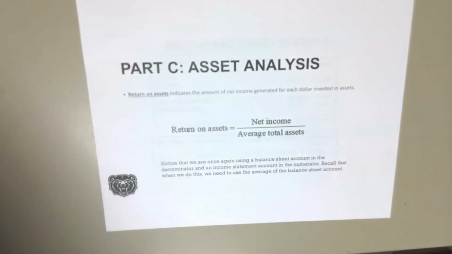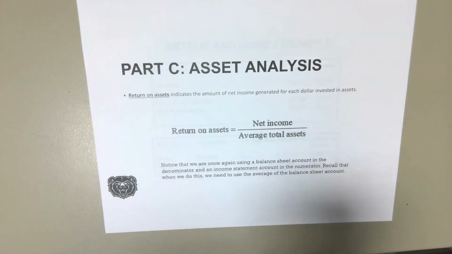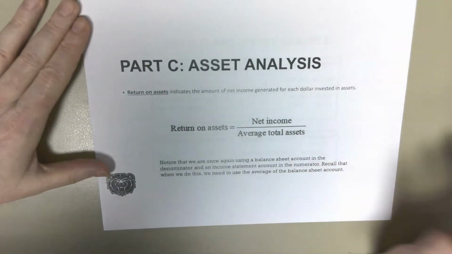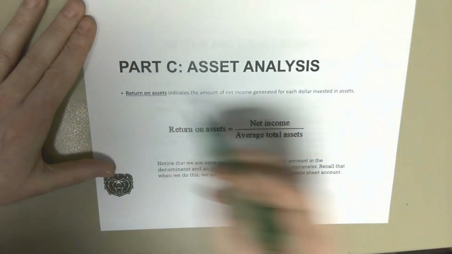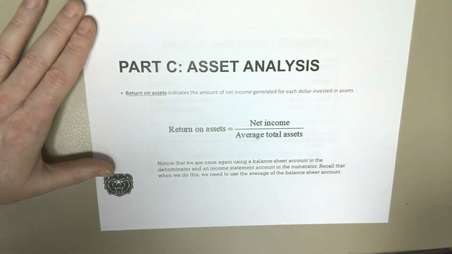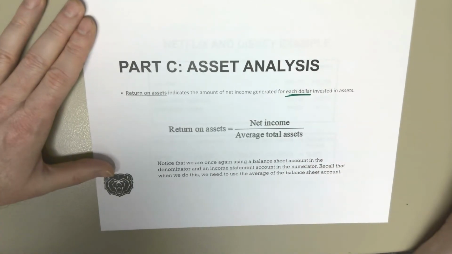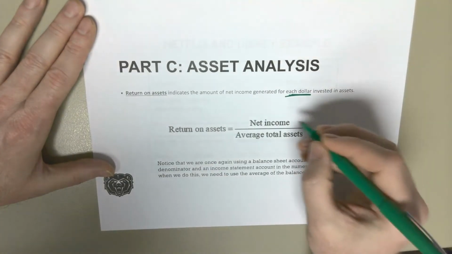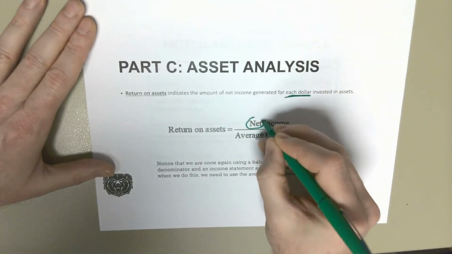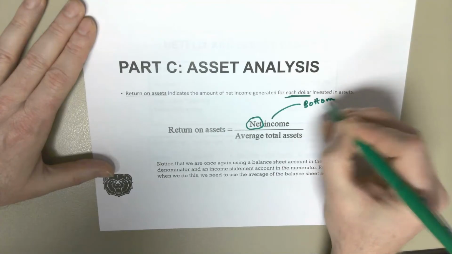So let's talk really quickly about asset analysis. This is the last thing we got to talk about in this chapter, and then we will move on to chapter 8. So what we're going to talk about right now is return on assets. Okay. And this is going to indicate the amount of net income that you generate for each dollar invested in assets, okay? So the way you find this is your net income. Notice it's net and it's income. Just remember, this is your bottom line, guys, okay?